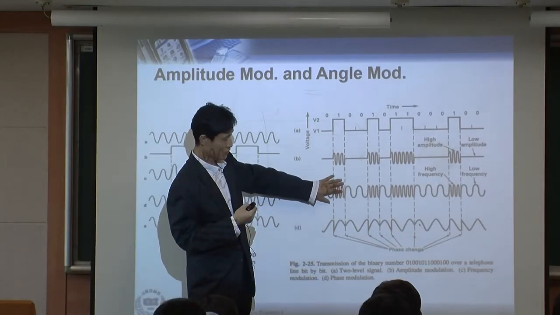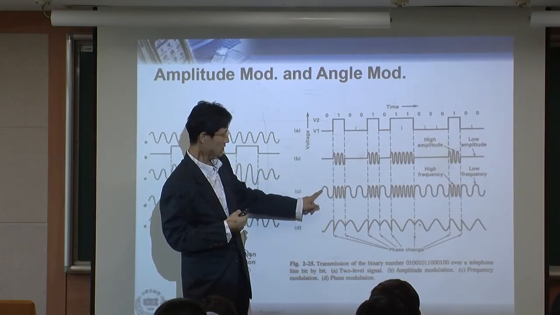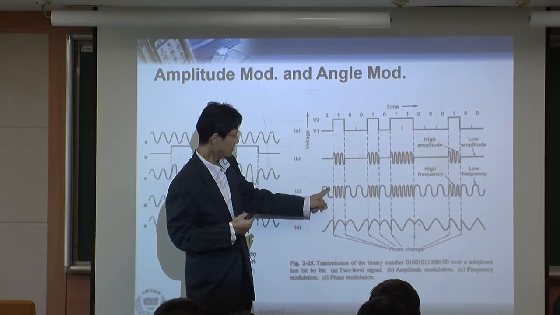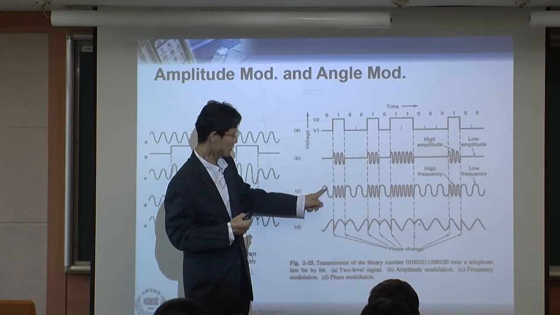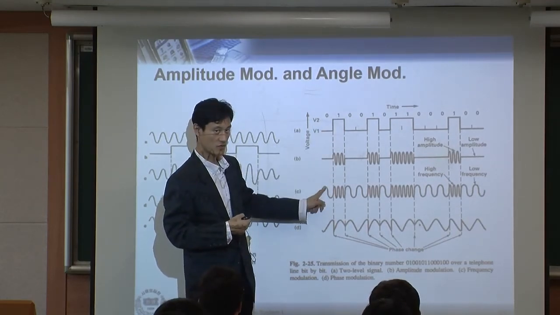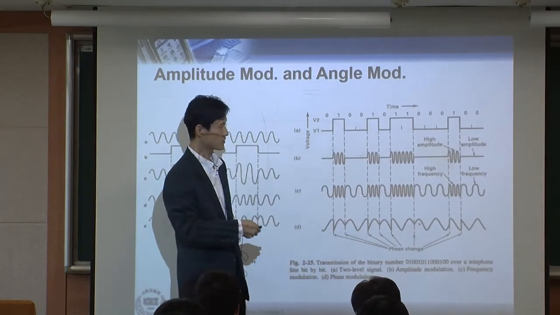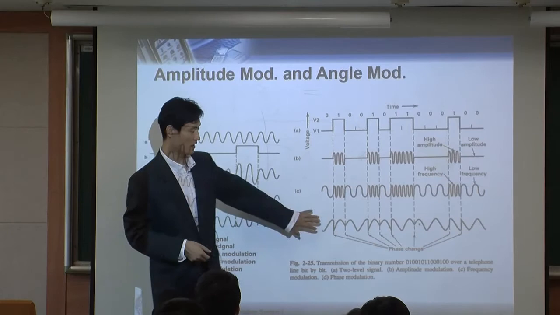Here is frequency modulation. Whenever you have a 0, you have this frequency. Whenever you see a 1, you have a higher frequency. So the frequency changes depending on your 0, 1. And this one, again, is phase modulation.